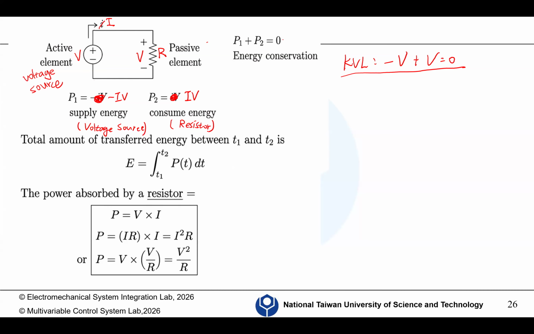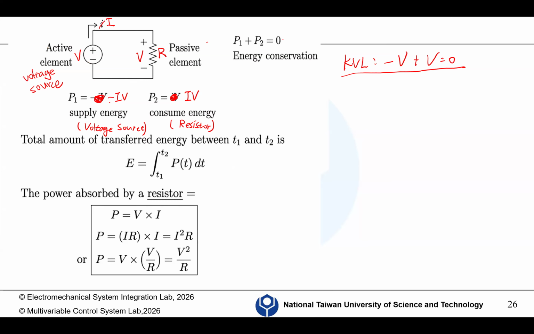If it's giving energy, so for the voltage source, the current I flows out from the positive terminal. It means it's giving energy. So as long as it is giving energy, we say its power is negative. So P1 is minus IV.